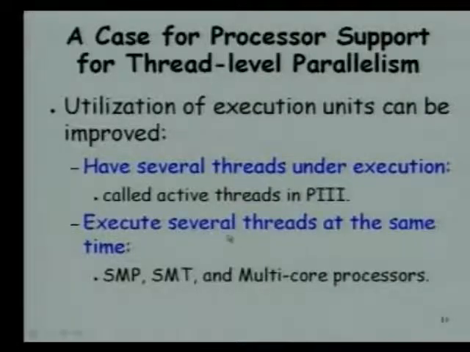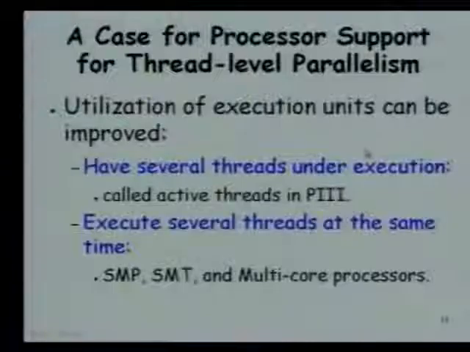Whereas in the modern processors, the hyper-threaded processors, symmetric multiprocessors, simultaneous multithreading and the multi-core processors, several threads are executing at the same time. See the difference here? Here at any time only one thread is executing, and once that blocks, the other threads are taken up for execution. Whereas in the other case, we have several threads simultaneously executing.